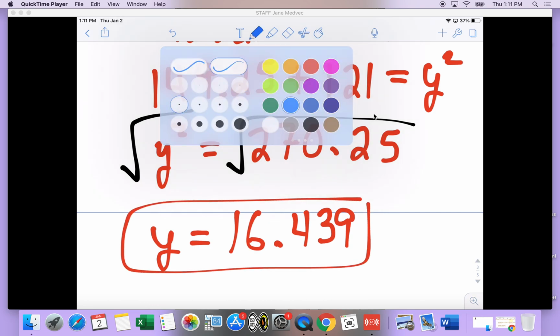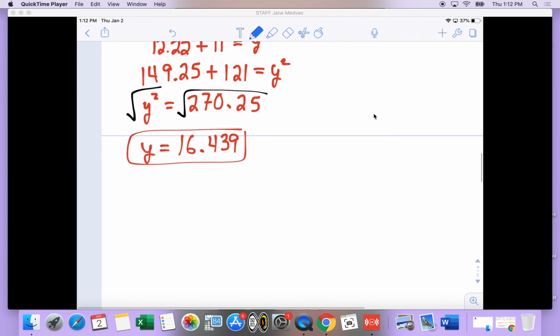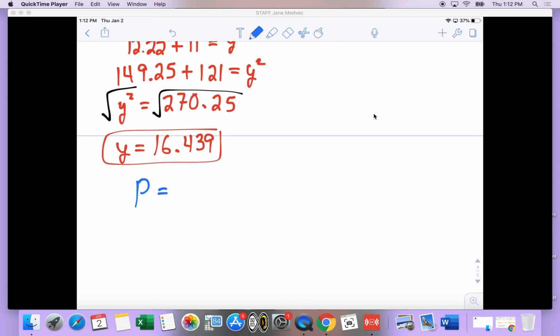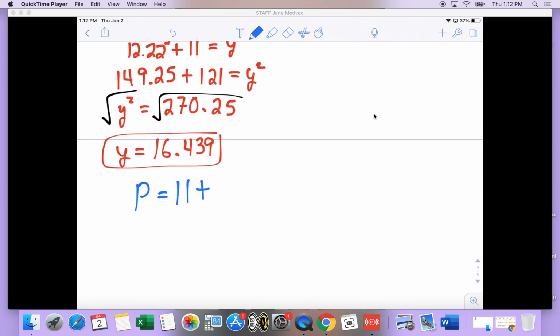Okay, and I'm not done yet because, again, the problem asks me to find the perimeter. That's right. So the perimeter, I'm going to take my 11 plus my 12.22 plus my 16.439. Perimeter equals, so go ahead and add those up.